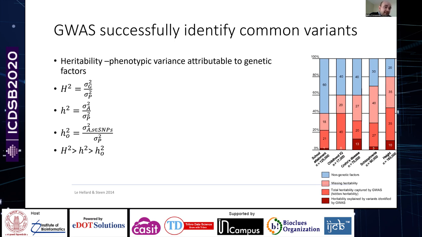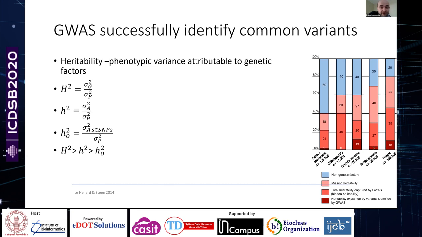As you can see from the plot, this is an example for different complex diseases, showing how much heritability can be explained by genetics from twin studies, and how much was explained by GWAS. In the dark red color, you see heritability explained by genome-wide significant variants.